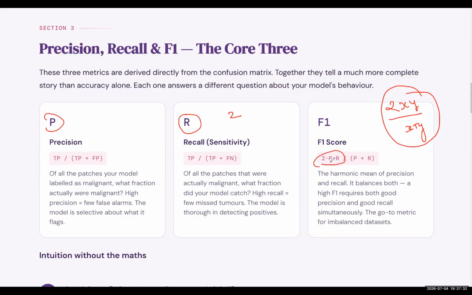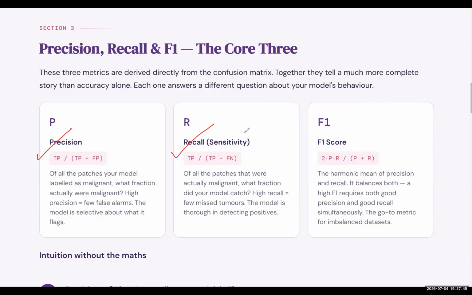So 2PR, that is 2 into precision into recall, divided by precision plus recall. You want this also, you want this also, and you get a harmonic mean. So apart from accuracy, you also need to give precision, recall, and an F1 score. Okay.